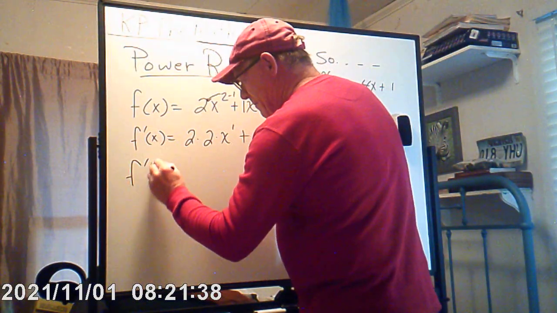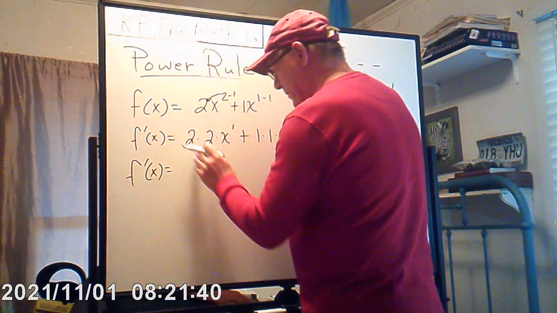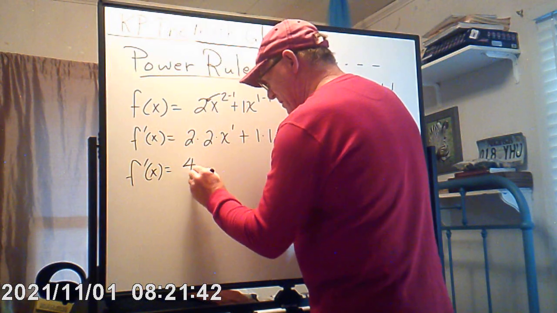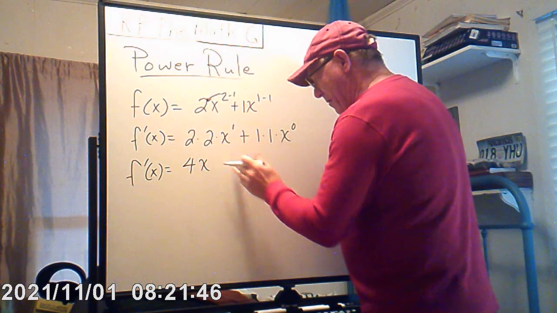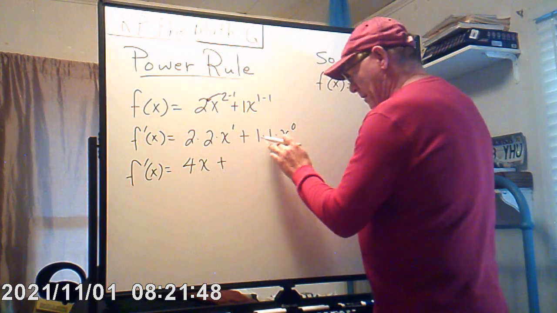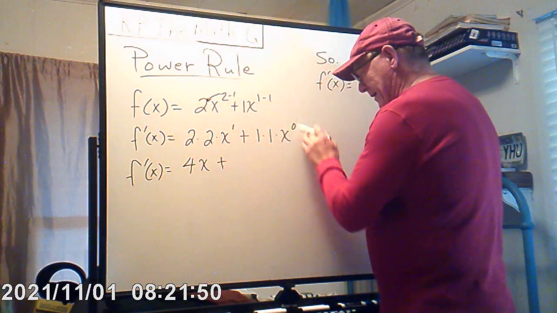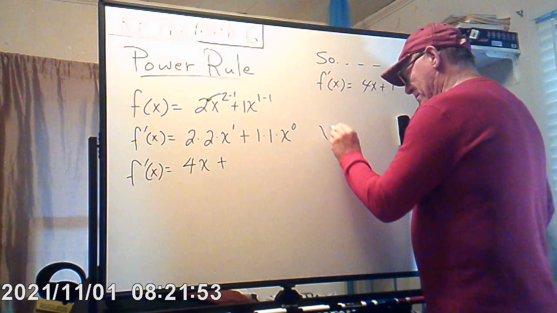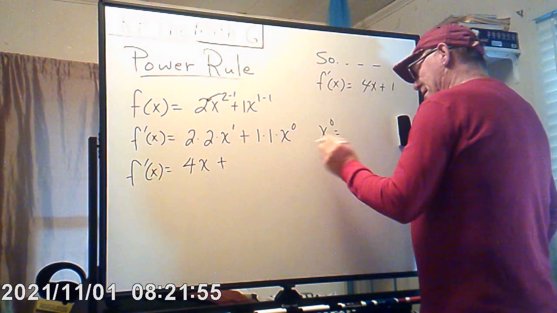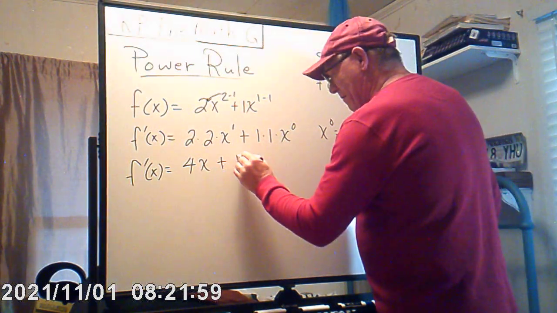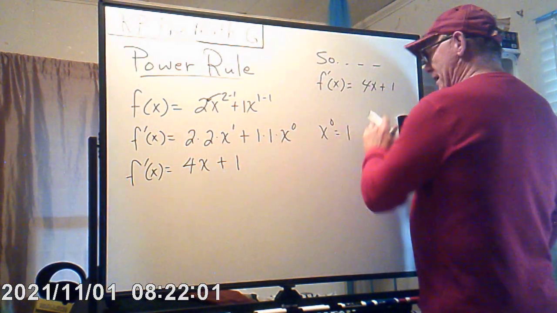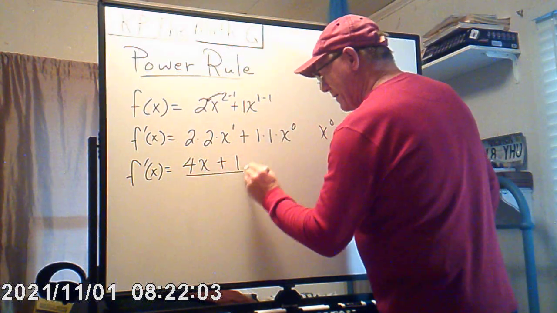F prime at x then is equal to 2 times 2, which is 4, x to the first power, I'm not going to put that first power there. 1 times 1 is 1, and actually x to the 0 power, remember that rule, is 1. So this is going to be 1 also. 4x plus 1, look at that.